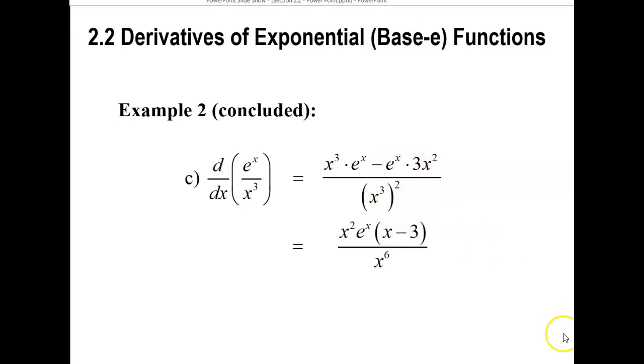The bottom, a power of a power, means multiply your exponents, so that simplifies to x to the 6th. So you would get this x squared canceling out with 2 of the x's on the bottom, leaving e to the x times x minus 3 on top, and since that canceled out 2 of these, you're left with an x to the 4th on the bottom.